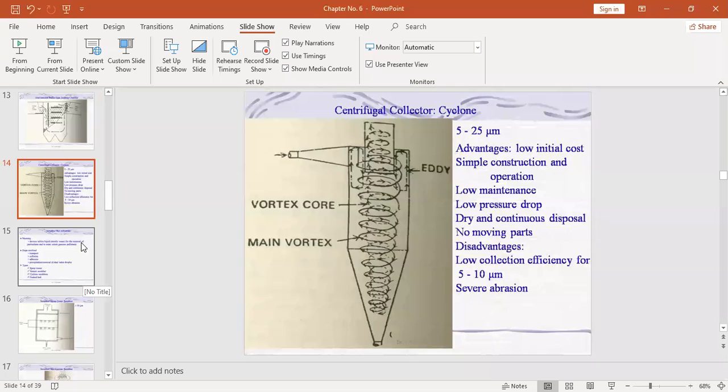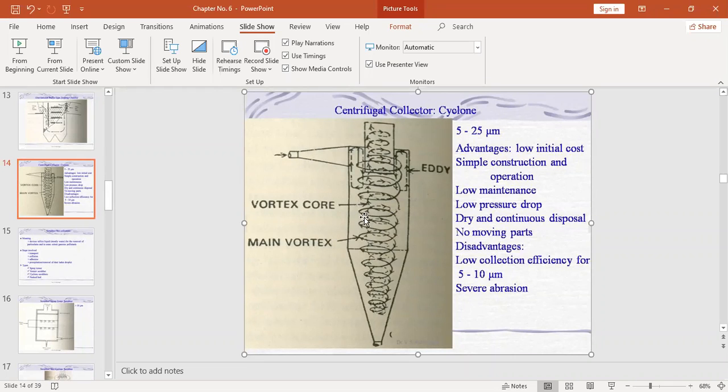First of all, you see this equipment once again. A vortex core, inner vortex and outer vortex. The outer vortex is known as the main vortex, and the inner vortex is the smaller one. It can remove 5 to 25 micron particles. For MCQ type of questions you should remember this.